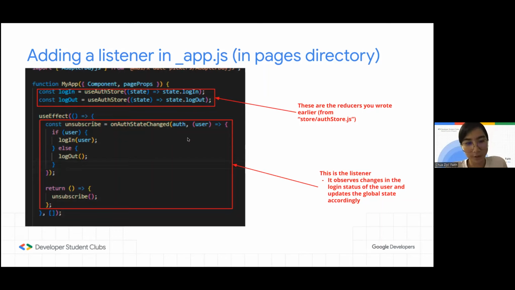If you're confused, just know that this function, onAuthStateChanged, listens for changes in the authentication state of Firebase, and uses the reducers we've written just now to update the global state in React or Next.js accordingly. And so this is just calling the function.